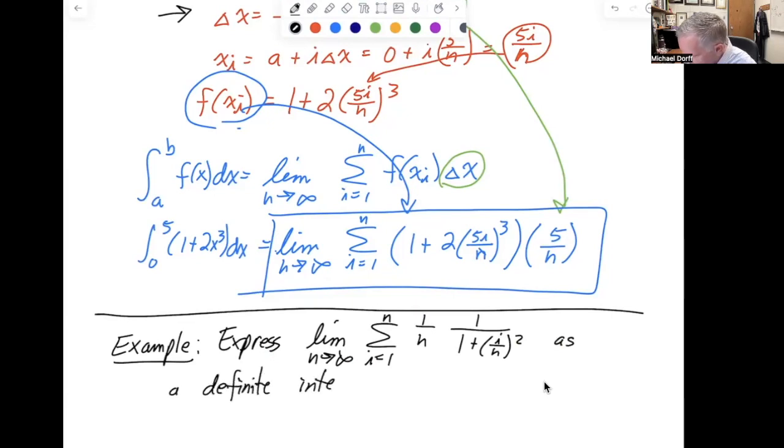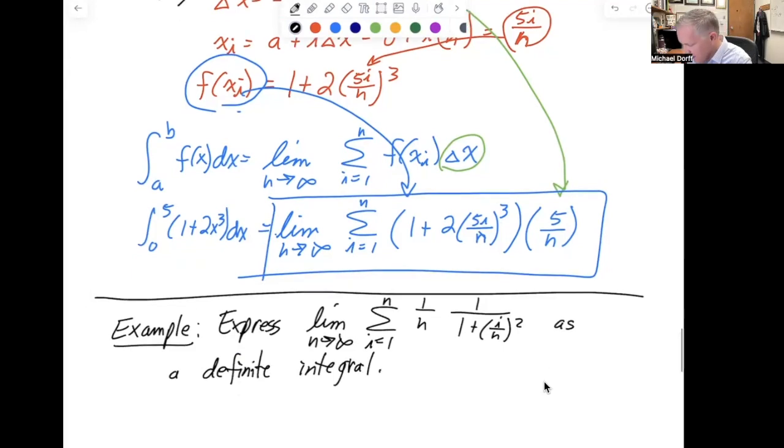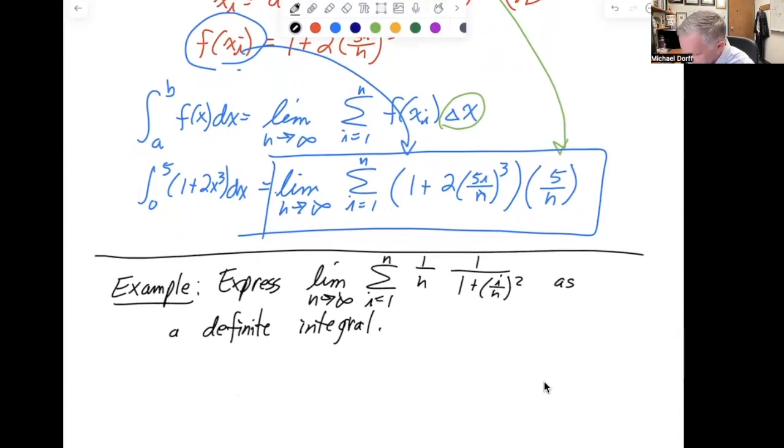Now, I put the word definite there. Definite integral just means that my a and b values are given to me. So don't worry about that right now. We'll talk more about that later.